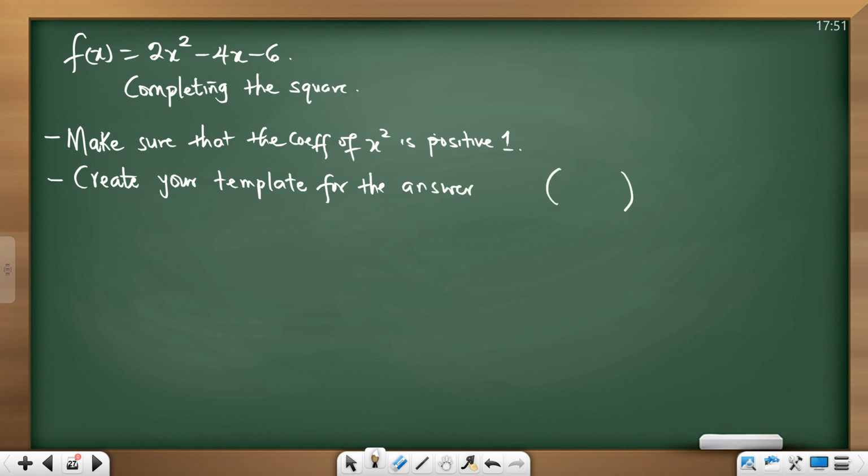That is squared x. That's your template, because completing the square, the examiner wants you to write it as y equals a into bracket x plus p squared plus q. So create your template already.